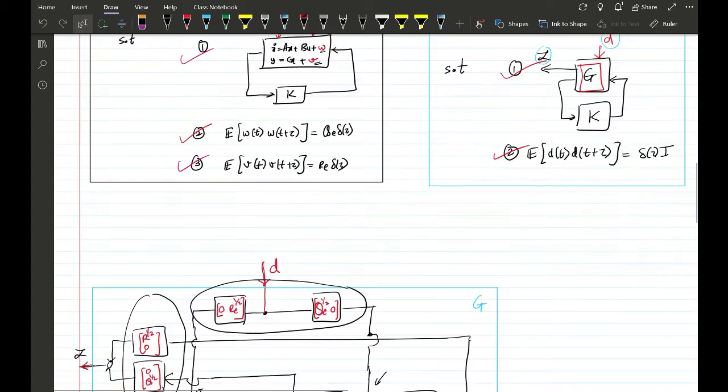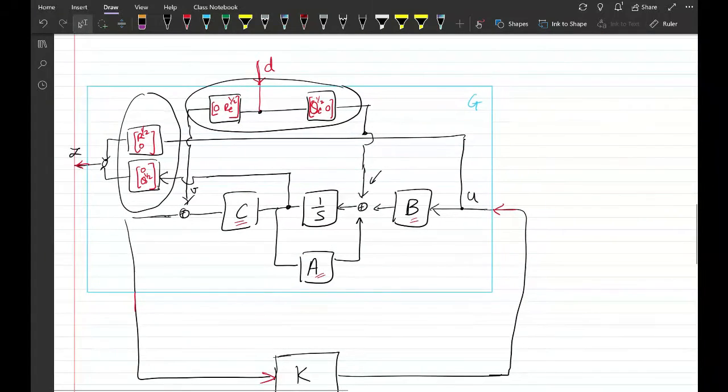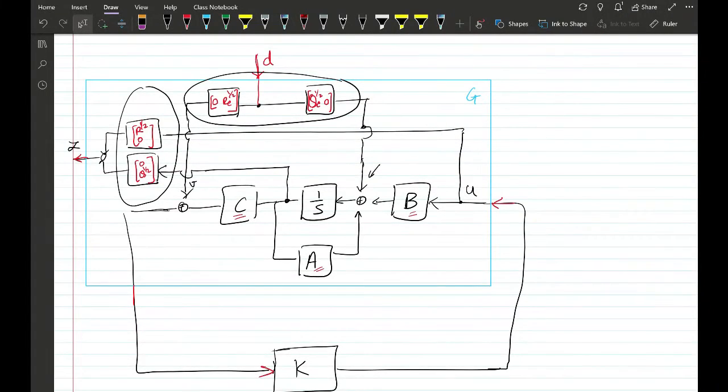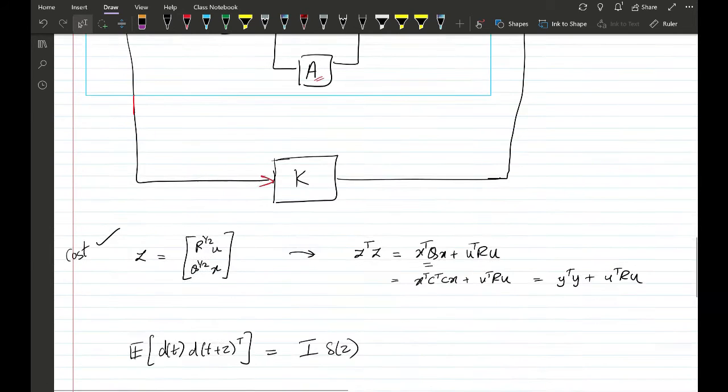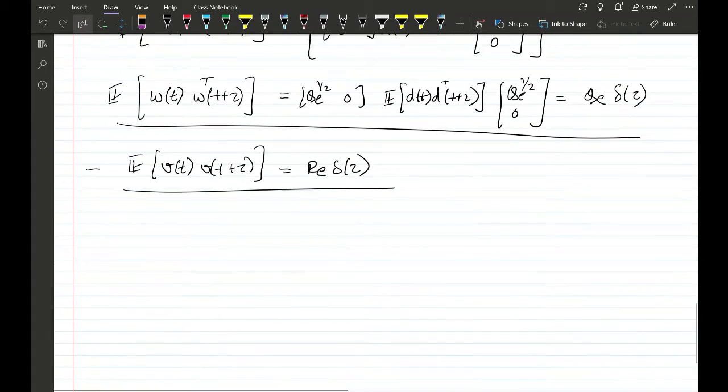So let's look at the Matlab code where this is being built, but before we do that, let's also represent this compactly as here now.